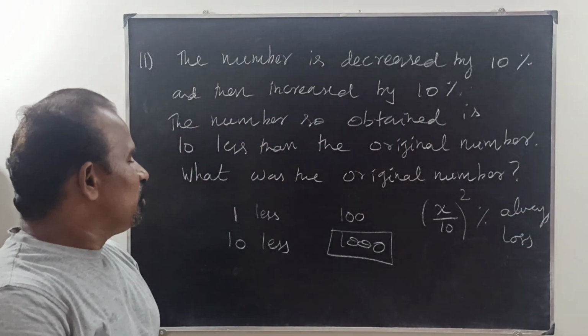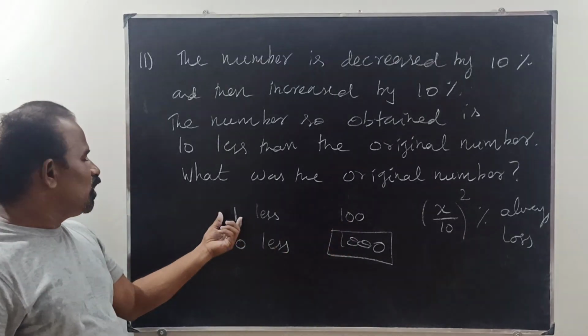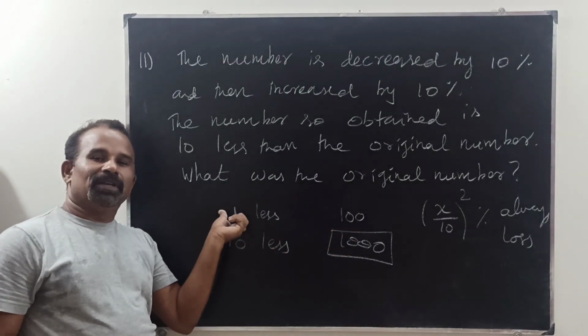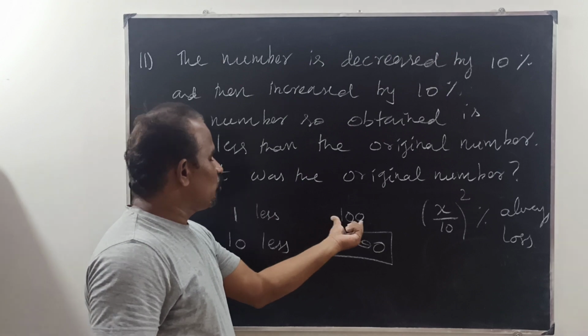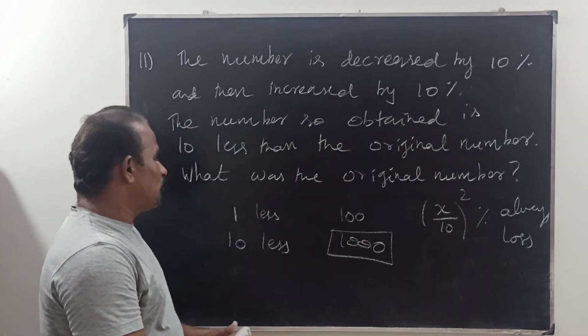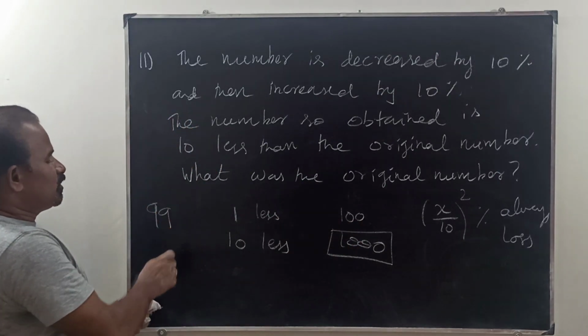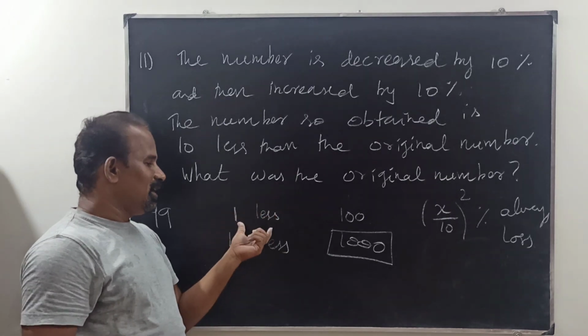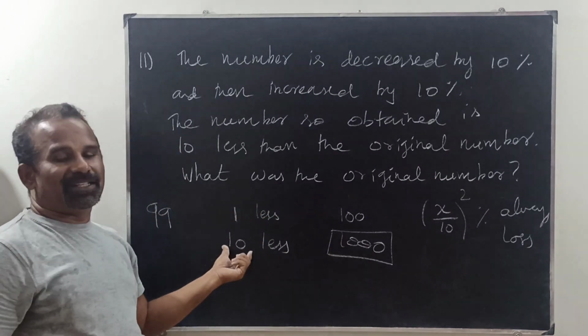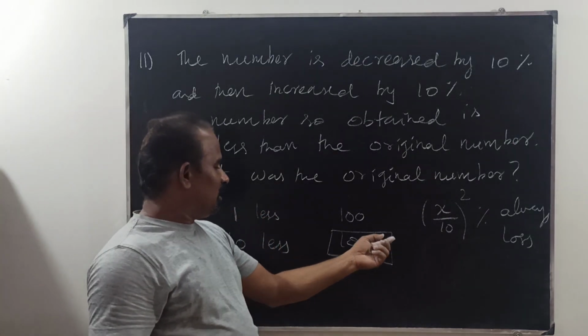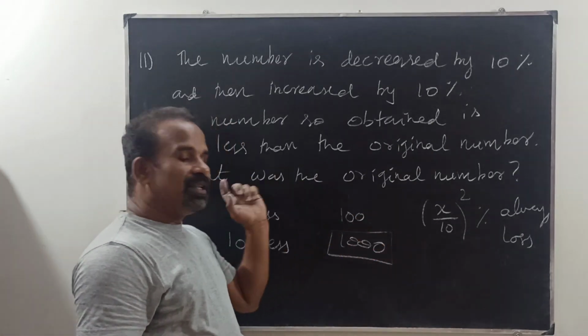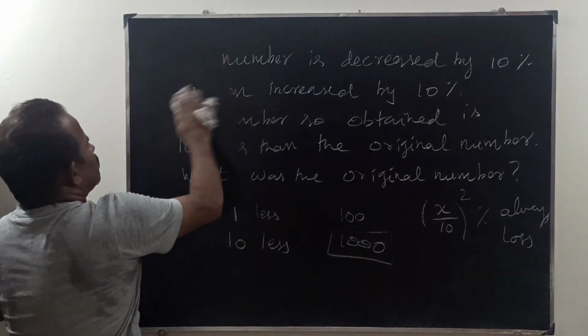You know that. If it is 100, 1% is lost, so you will be getting 99 rupees, 1 rupee less. If it is 1000, 10 less. So the original number is 1000. Okay.